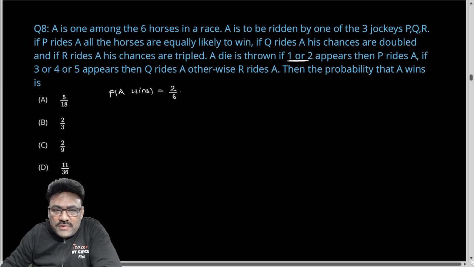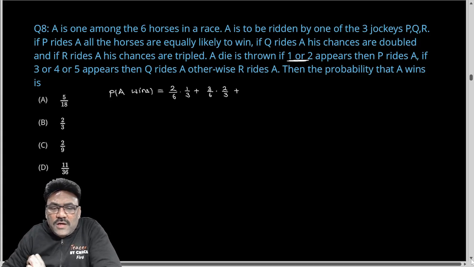Means A wins, this probability will be 1 by 3. Second possibility, Q rides A. Q rides A if 3 or 4 or 5 appears on the die, means 3 by 6. And in this case, the probability of A winning the race is doubled. It is 2 by 3.